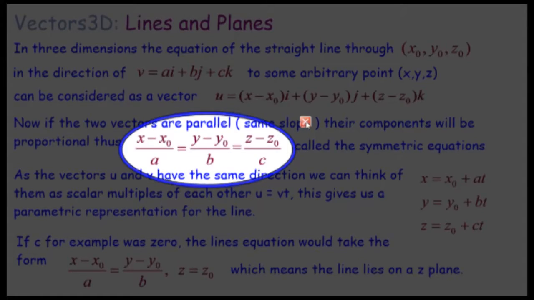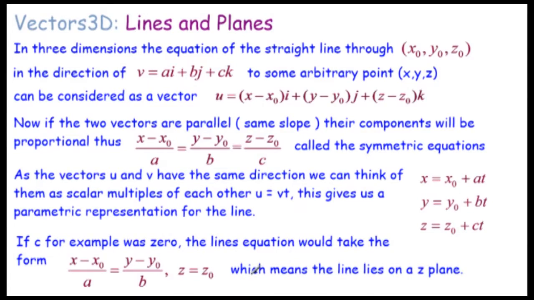So what do we need? We need a direction, the A, B, and the C. We need the point x0, y0, and z0. In some cases, C might be 0, so the line might be just parallel to ai plus bj.